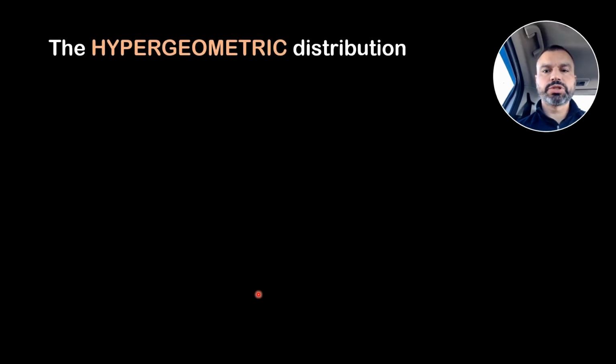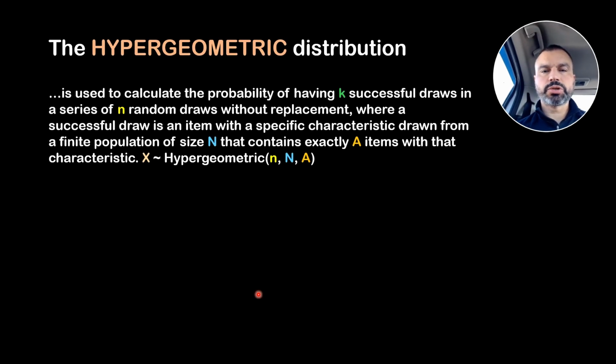Now let's talk about some other prominent discrete probability distributions. Let's begin with the hypergeometric distribution. The hypergeometric distribution is used to calculate the probability of having k successful draws in a series of n random draws without replacement, where a successful draw is defined as an item with a specific characteristic drawn from a finite population of size capital N that contains exactly a items with that characteristic.